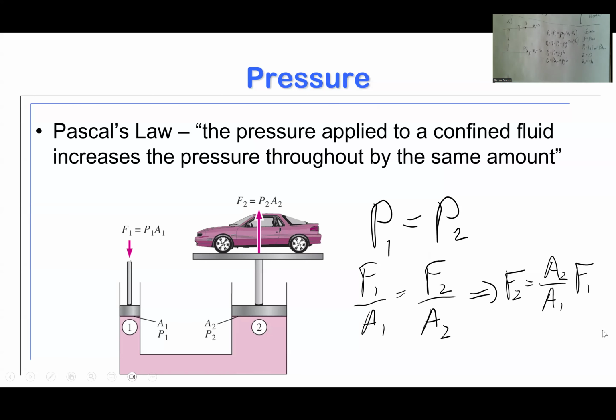So if I apply a small amount of force at point 1, it gets multiplied by a larger area divided by a smaller area. This quantity becomes a multiplier. So I can apply a small amount of force at point 1, multiplied by this larger quantity, and it generates a larger force at point 2. And that's essentially the idea behind a bottle jack.